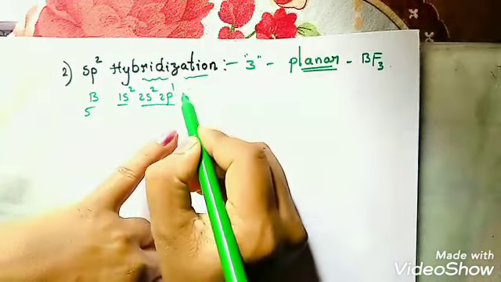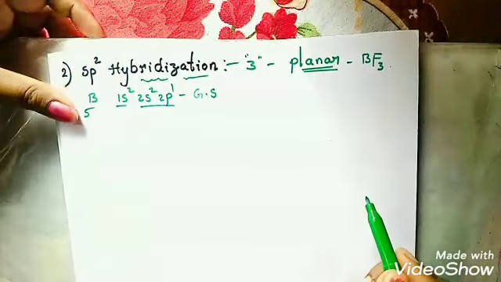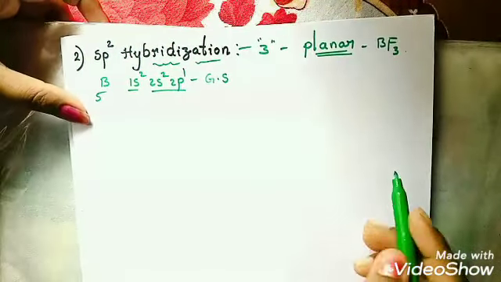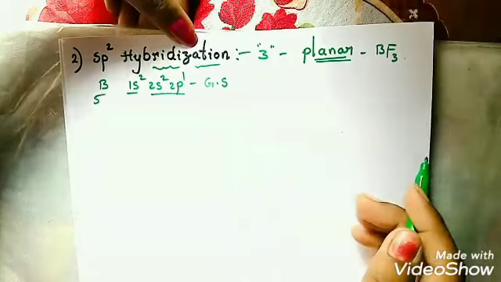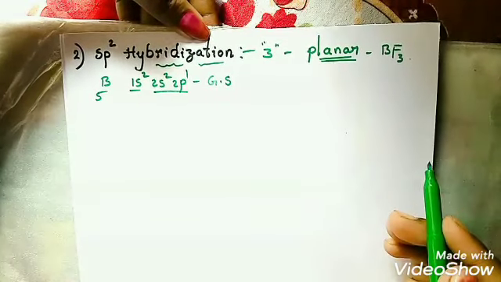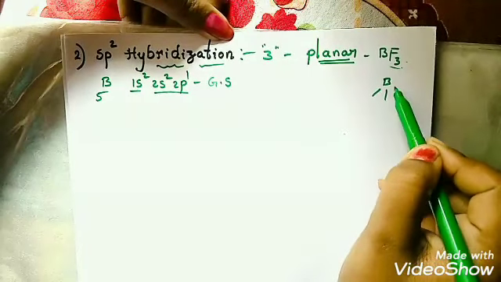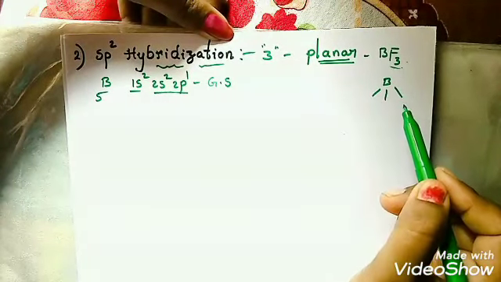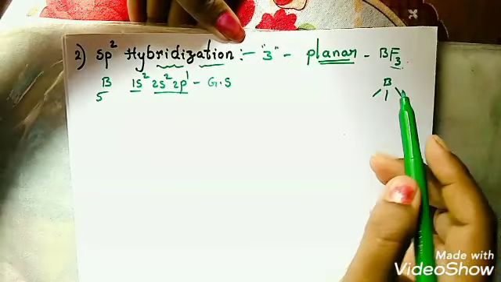So students, this is the ground state electronic configuration. Then boron needs to show the excited state electronic configuration also to satisfy its valency. Now here BF3 means 3 fluorines are there, so boron has to form 3 bonds here.